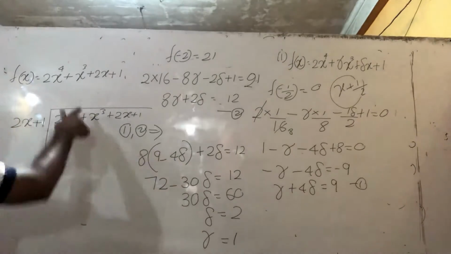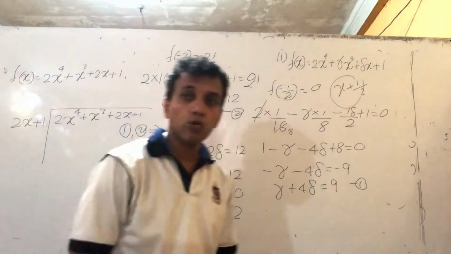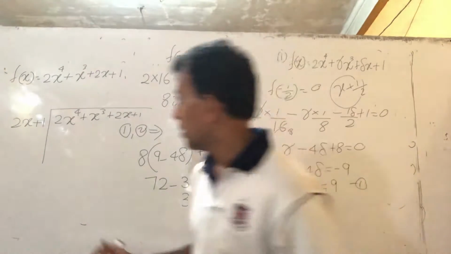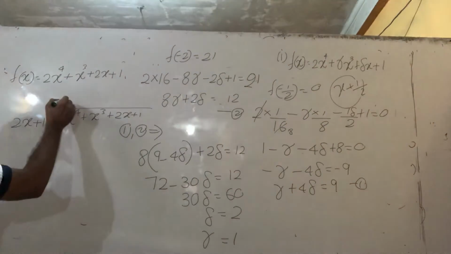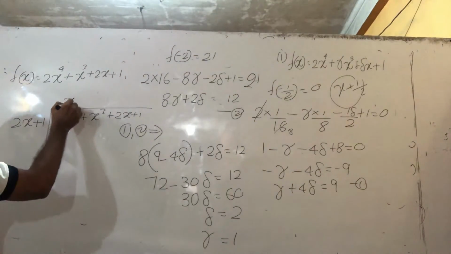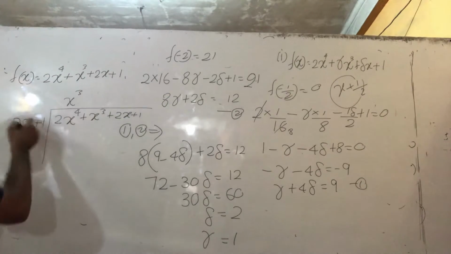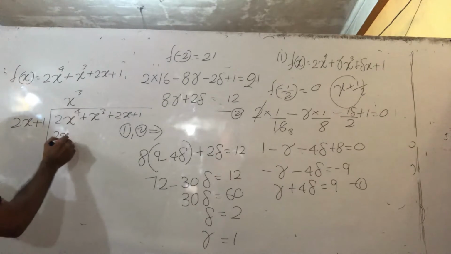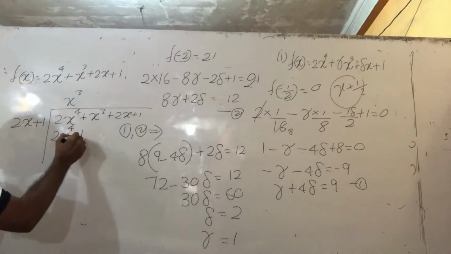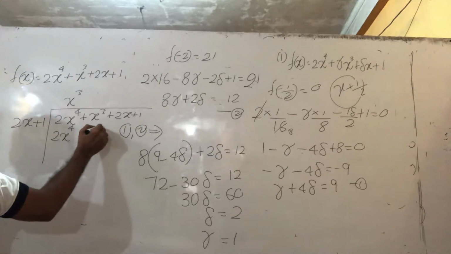Divide by that. In the very first videos I showed how to use the long division pattern, right? So can I write this x cube multiplied by 2x plus 1, giving 2x to the power 4 plus x cube.